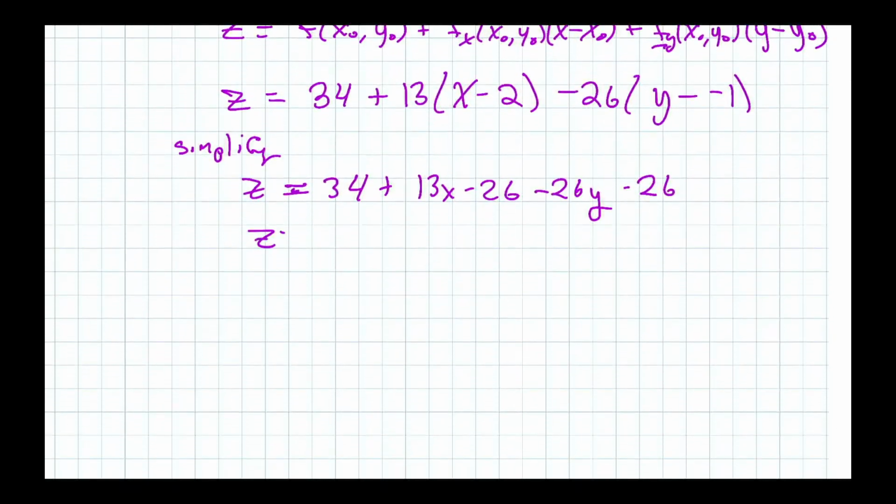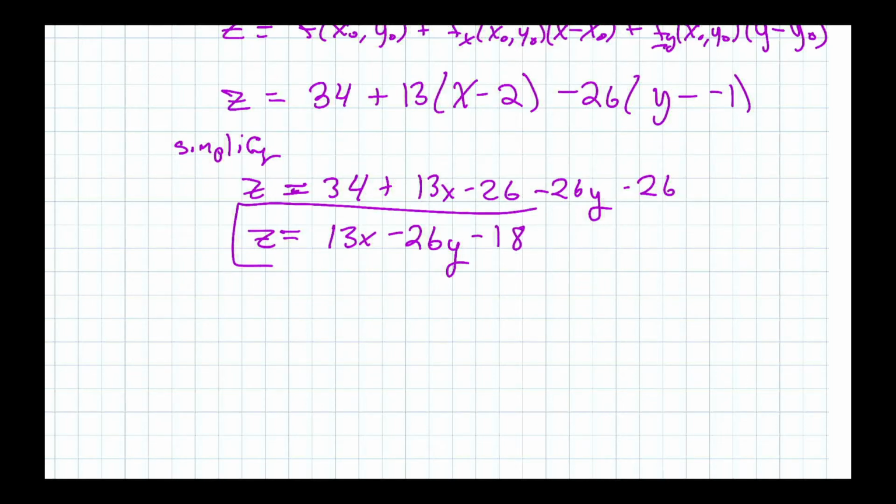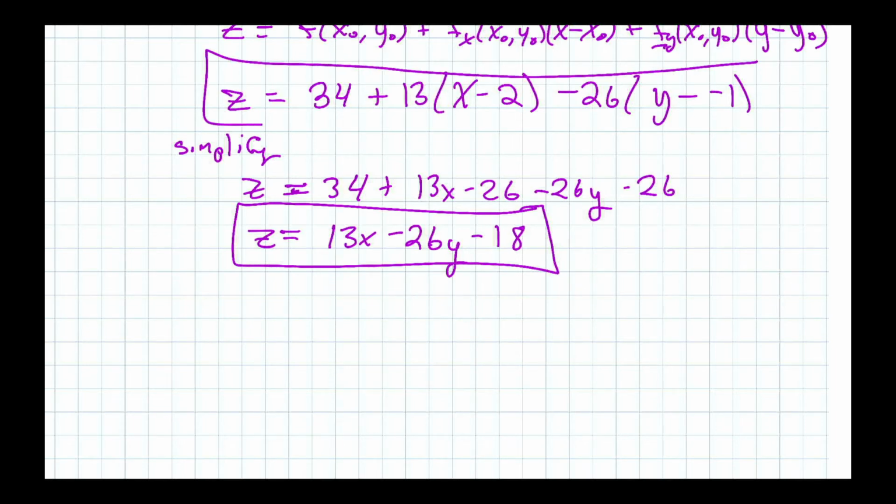So if you combine all your like terms, you've got 13x minus 26y. And if we add up all those constants, we have 34 minus 26 minus 26, which is negative 18. And so that would be your simplest looking equation of the plane. And this is what you would calculate first. But they're both the same plane. And that's how you go about it.